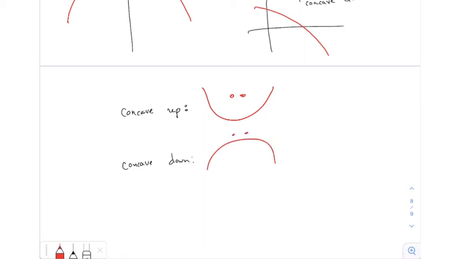And you just have to remember that concave up, this one, means that the f double prime is positive. Positive means smiley, right? And this one is the one where the f double prime is negative, meaning the frowny shape, okay? This is how you identify concave up versus down on a picture. And this is the graphical meaning of the second derivative. So the first derivative is the curve actually going up or down?